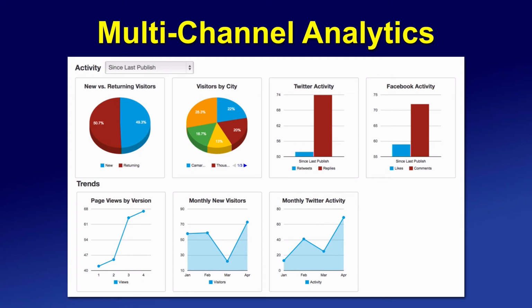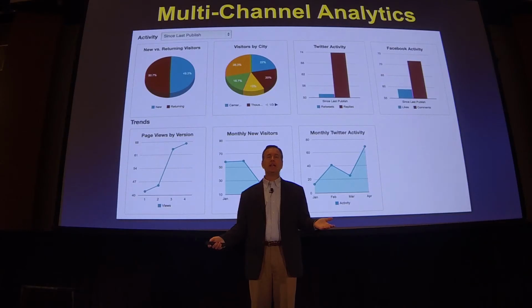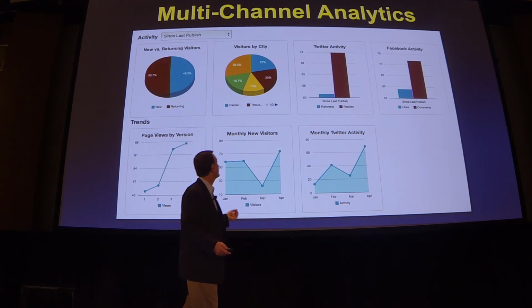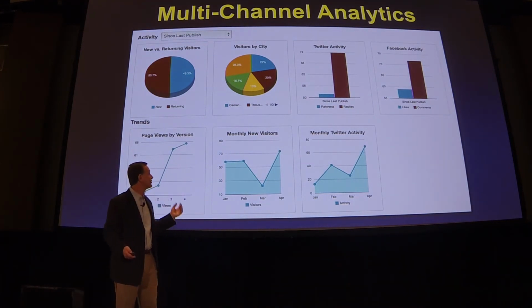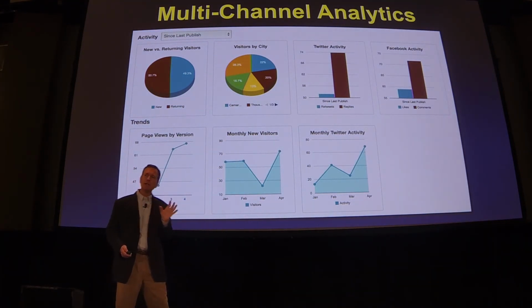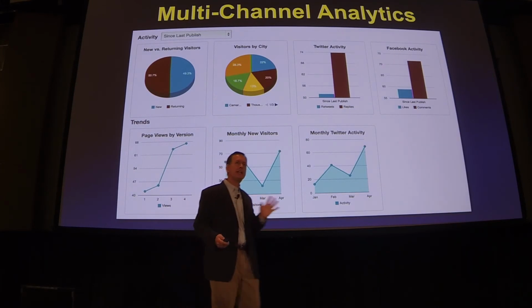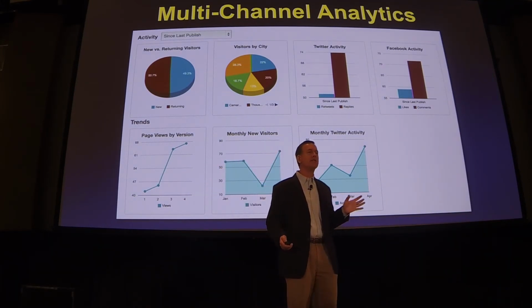So here's a gadget in the dashboard showing multi-channel analytics that you as administrators might use all the time. And you can see there's a mashup of all kinds of things on here. Google Analytics, social media analytics, and some really unique analytics that you couldn't get from either one by itself.